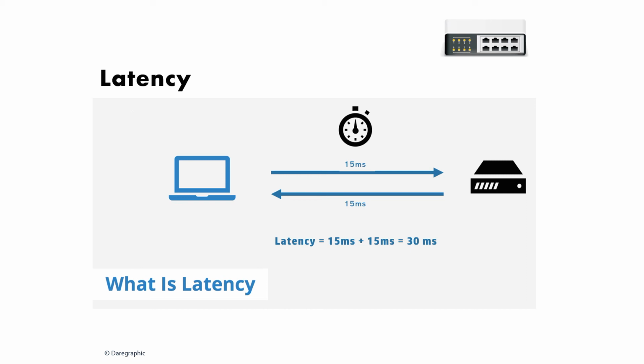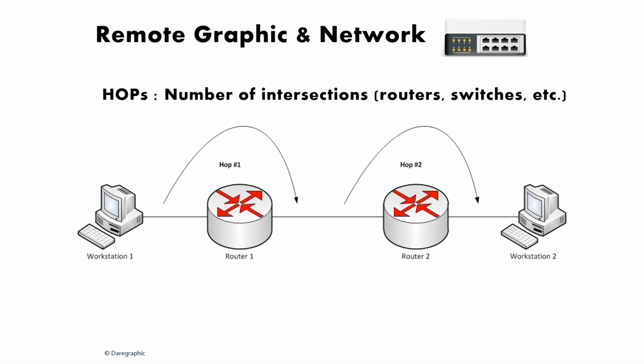I just put 15 millisecond here, a 15 millisecond delay each way for a total 30 millisecond round trip, but it's just an example. You can go up to 80 millisecond, maybe to 100 millisecond. Under 20 millisecond, you're going to get a perfect Wacom tablet experience. Again, it all depends, but that's really important to measure before we deploy it.